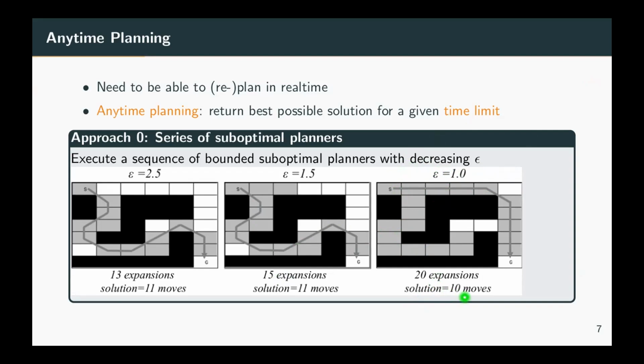So what do you think is maybe a downside of this approach for anytime planning? Yes? Because it's a real-time system, we first move in the direction of the suboptimal solution, and we have to update a lot of the path later on to the optimal solution.